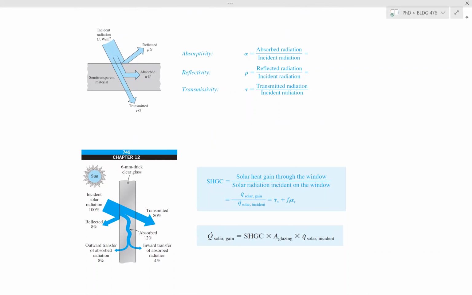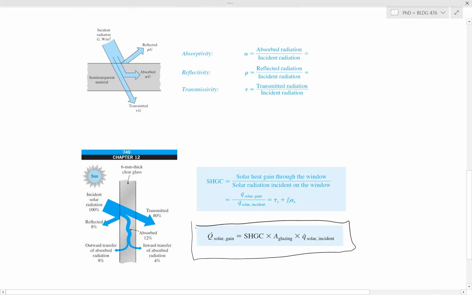But the main theory we're going to use is our solar heat gain coefficient, which is the ratio of the solar heat gain through the window versus the solar heat incident on the window. So some amount of radiation comes in and some amount of it gets inside.